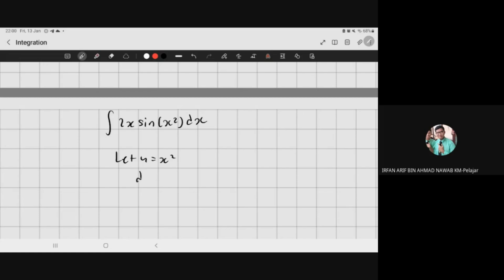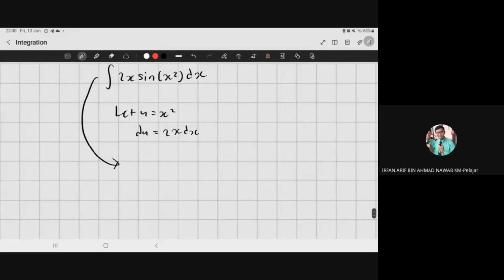When you rearrange the terms, sine of x squared times 2x dx, as you can see, both are similar. You could substitute. You will get the integral of sine u times du. No, sorry, not times, just basically du at the end.